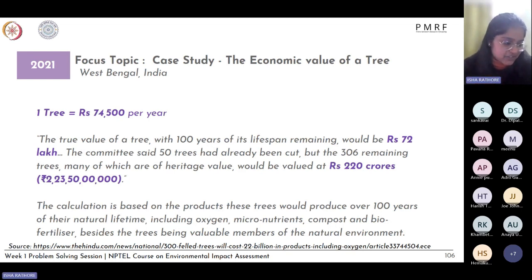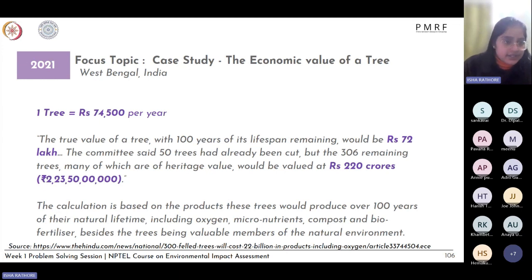That is the number of zeros which you can see. And the project budget was 500 crores. So the calculation is based on the products these trees would produce over 100 years of their natural lifetime, including oxygen, micronutrients, compost, biofertilizers, besides the trees being valuable members of the natural environment.